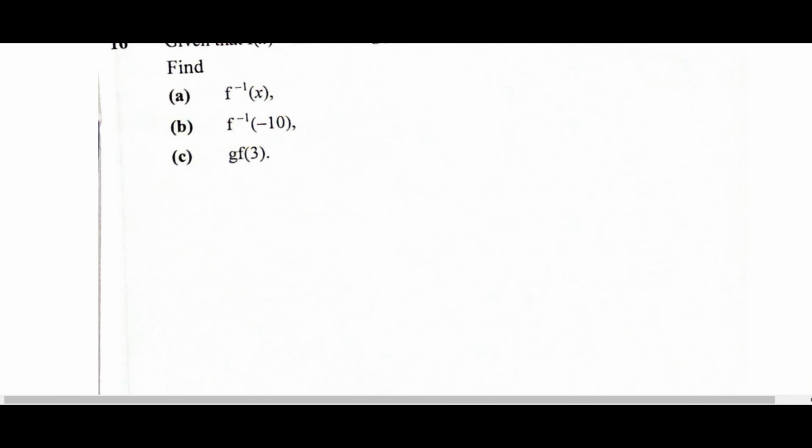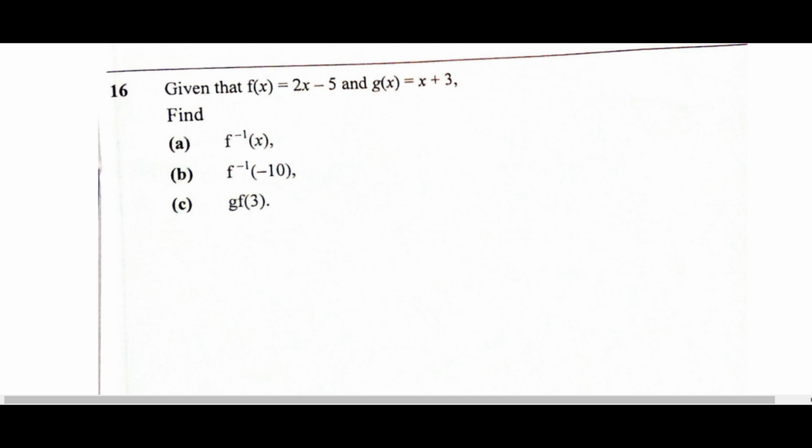We go to question 16. Given that f of x is equal to 2x minus 5 and g of x is equal to x plus 3, find the inverse of f. So f of x is equal to 2x minus 5. Where there is the f of x, you replace with y. y is equal to 2x minus 5. Our point here is we want to make x the subject of the formula. So this can be written as 2x minus 5 is equal to y.